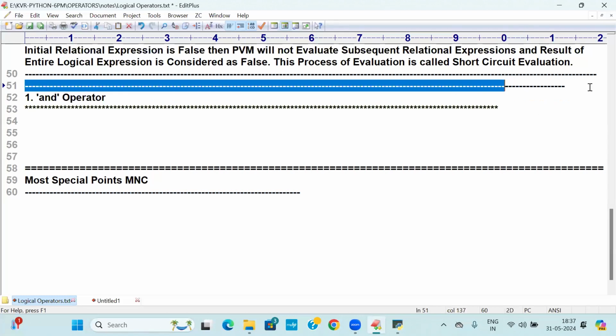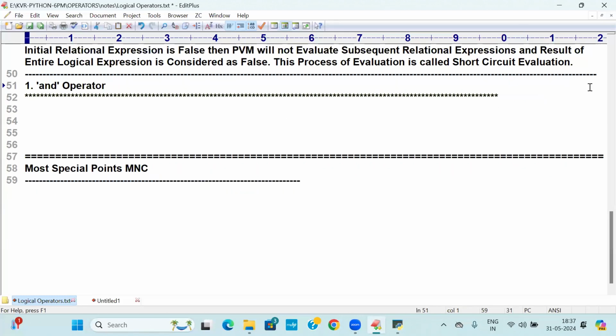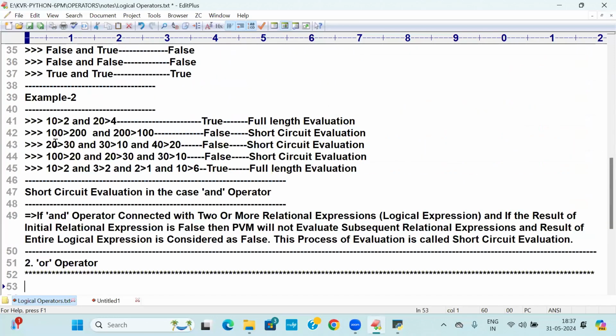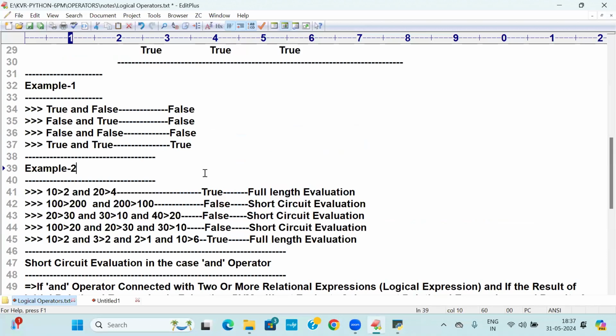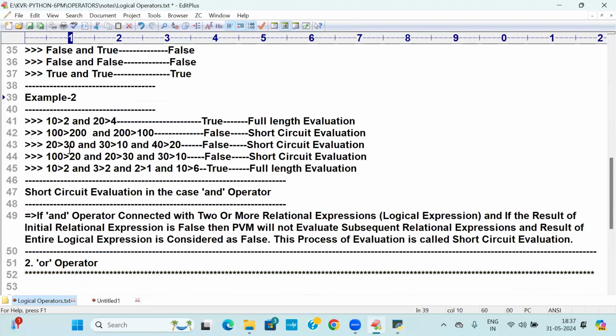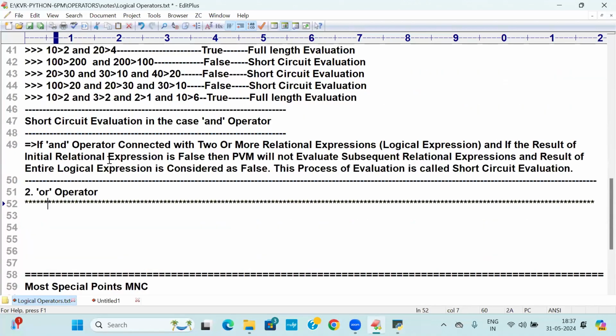Now I'm going to talk about the OR operator, so listen carefully. You will answer when you carefully monitor it. That's why I'm giving you first example, second example, like that.